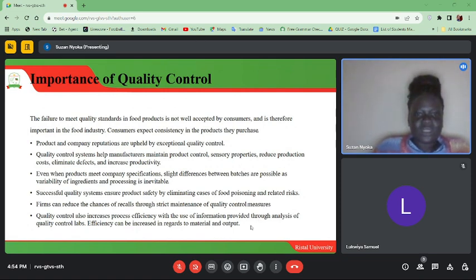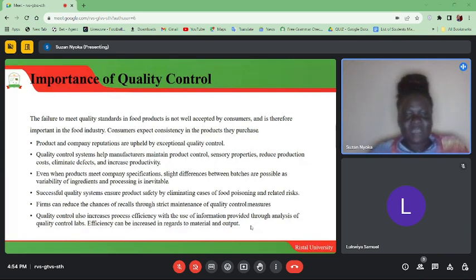And then quality control systems help manufacturers maintain the product control and sensory properties, they reduce production costs, they eliminate defects and increase productivity. Even when products meet company specifications, slight differences between batches are possible as variability of ingredients and processing is inevitable. So successful quality systems ensure product safety by eliminating cases of food poisoning and related risks.